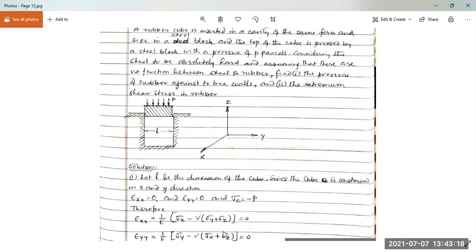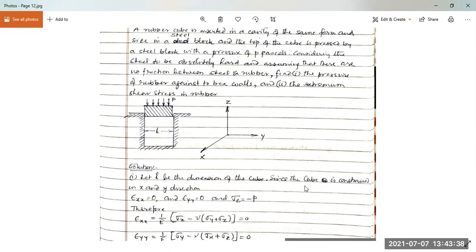Let L be the dimension of the cube. Since the cube is constrained in the x and y directions, epsilon xx equals 0, epsilon yy equals 0. As it is a cube, the dimensions are the same in all directions.